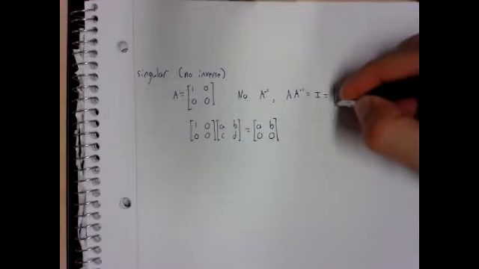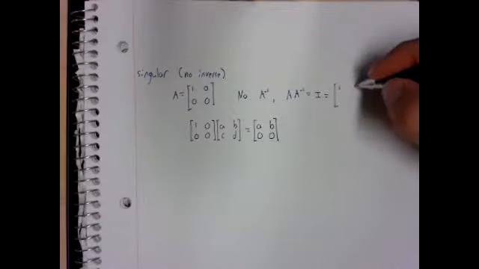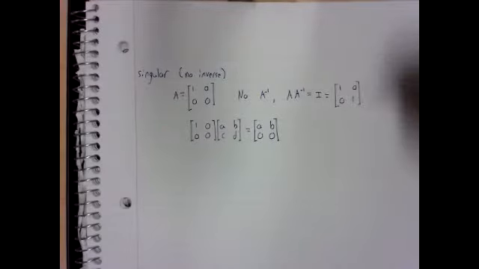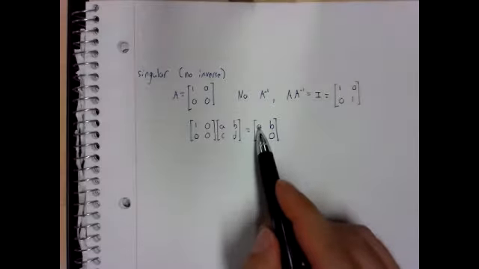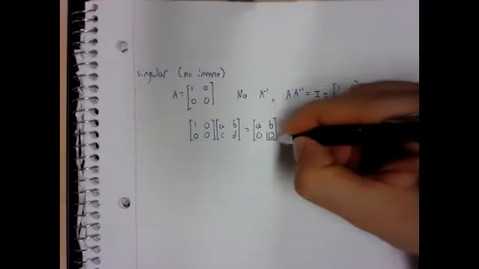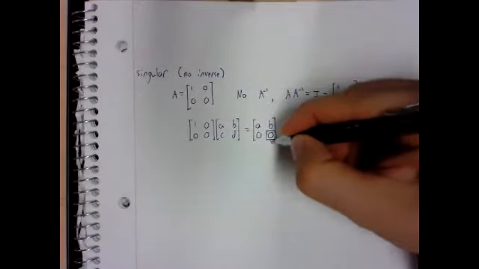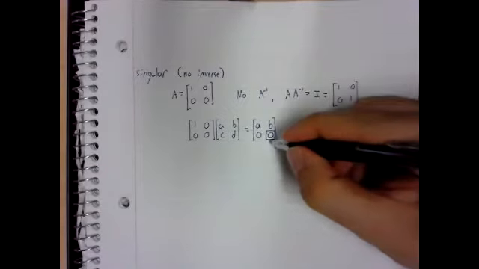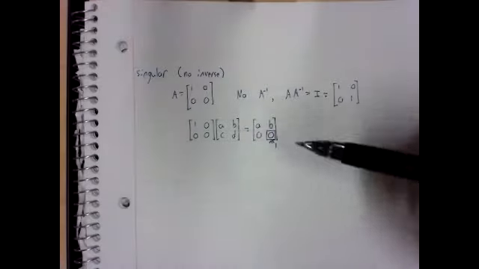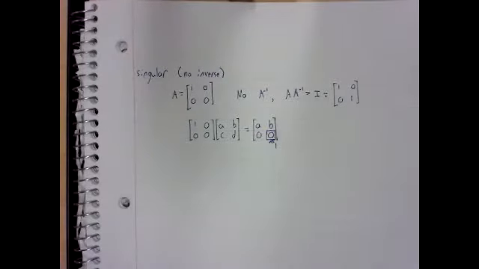And remember that I, the identity matrix, has 1s down the diagonal and is 0 everywhere else. Well, we could make this 1 and we could make this 0, but we're never going to have a 1 down here in the lower right. So this product can never be the identity.